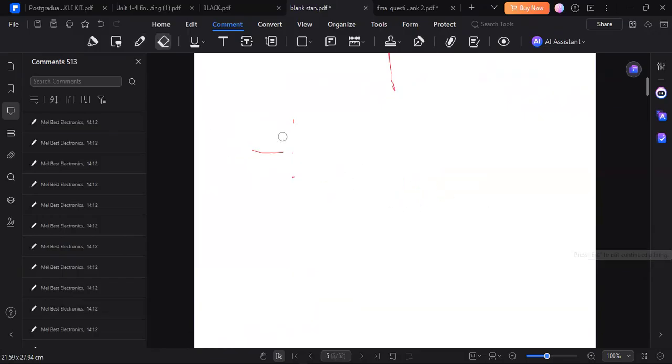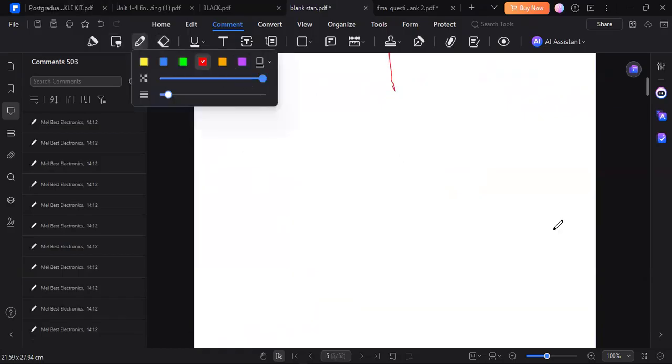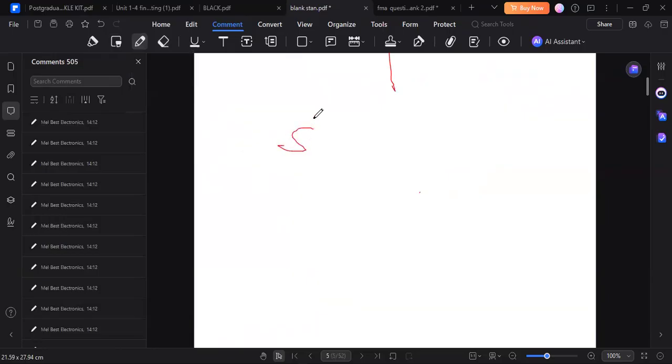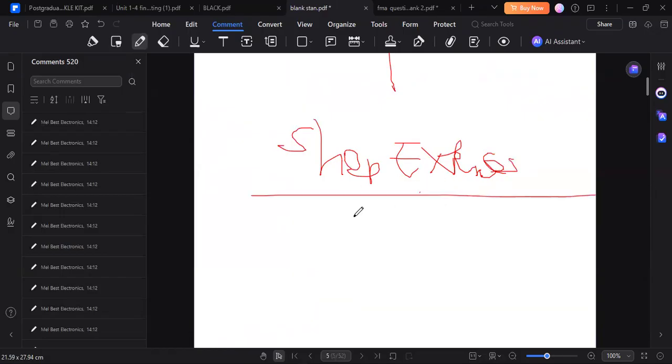So we're going to our shop expenses. Under shop expenses, here we have a debit and credit.